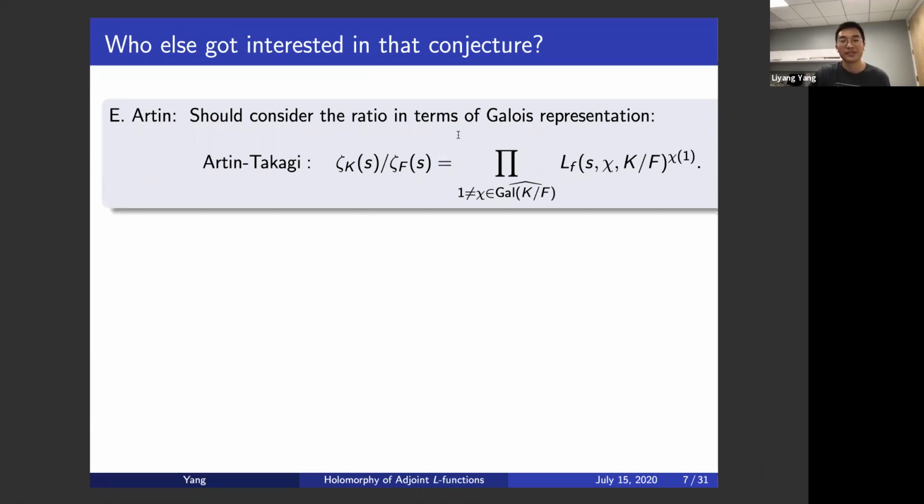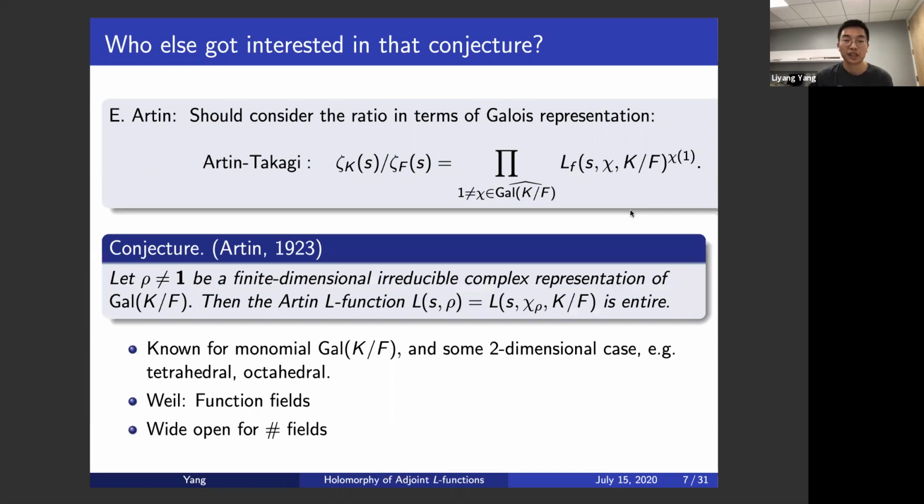And according to this decomposition, it's very natural to have the following conjecture, the Artin holomorphy conjecture, which basically says that each factor showing up here should be holomorphic. Therefore, you can see immediately that Artin's conjecture implies Dedekind's conjecture.